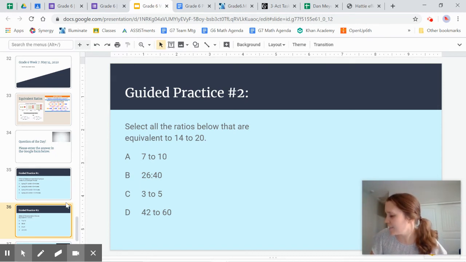Last 30 seconds. Think about what's the best way to show your thinking.